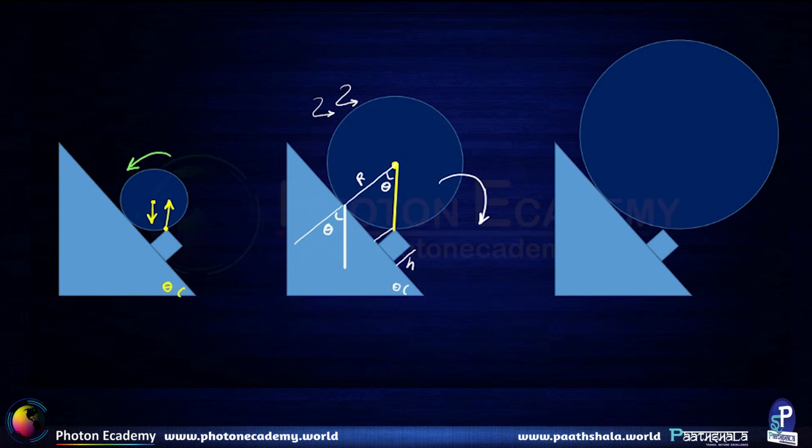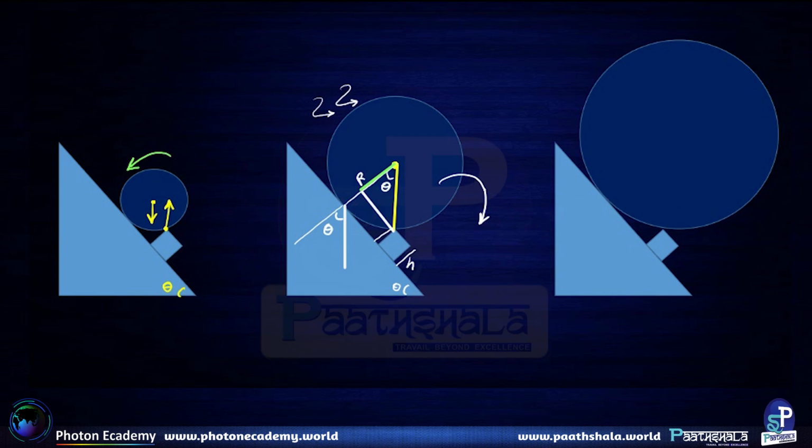So essentially things are very simple, because if we extend this line over here, then in this triangle this distance is going to be r cos theta, and then the height will be r minus r cos theta, because this entire thing is r.